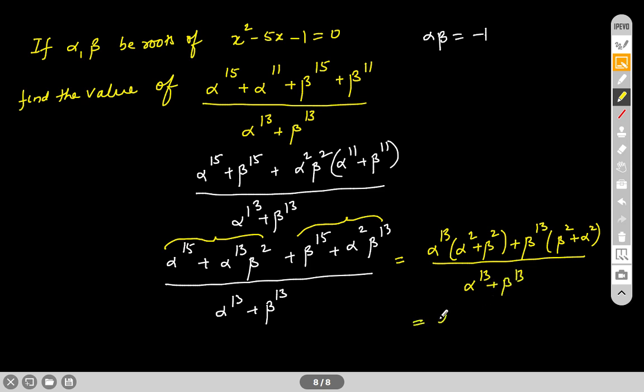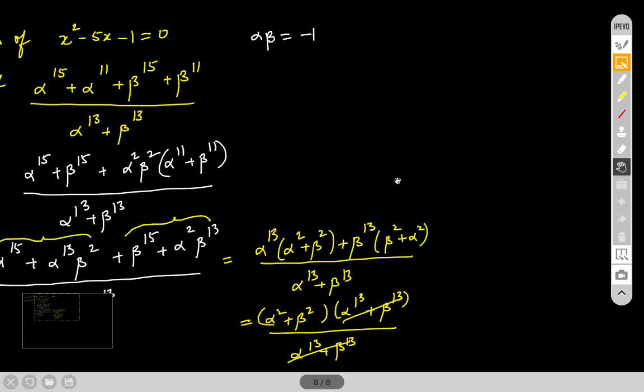Which actually gives you alpha square plus beta square by alpha to the power 13, beta to the power 13 by alpha to the power 13, beta to the power 13, which will get cancelled off, giving you alpha square plus beta square.